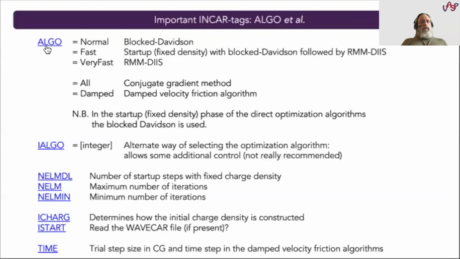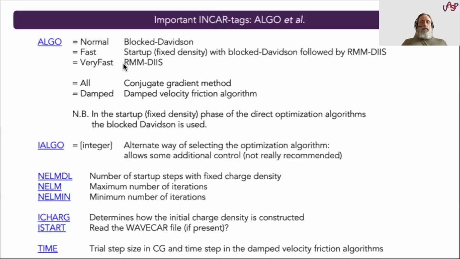So important INCAR tags, the most important one, if you so want, is the algo tag, by which you select an algorithm. So for normal, which is the default, you get block Davidson. For fast, you get the startup. So the steps with fixed density are done with block Davidson, and then the algorithm switches to RMM-DIIS.